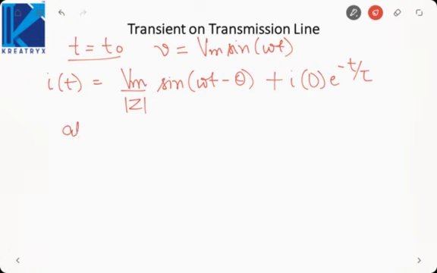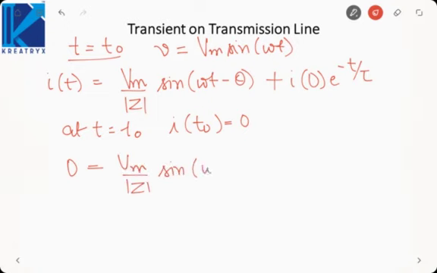Now at t is equal to t naught, since no load condition would be acting, I at t naught would be 0. So 0 will be Vm by mod Z sin omega t naught minus theta plus I0 e raised power minus t naught by tau.